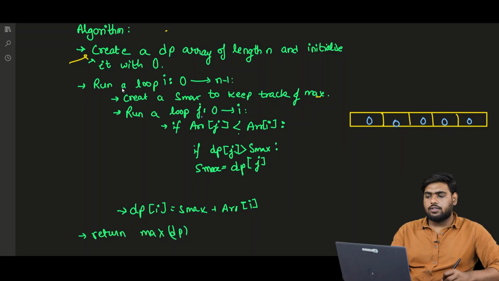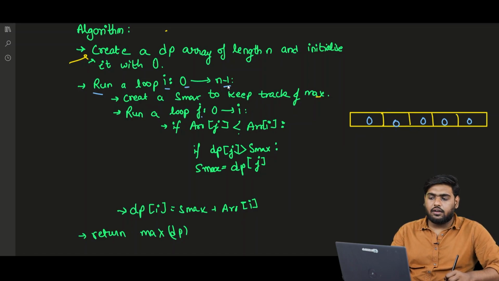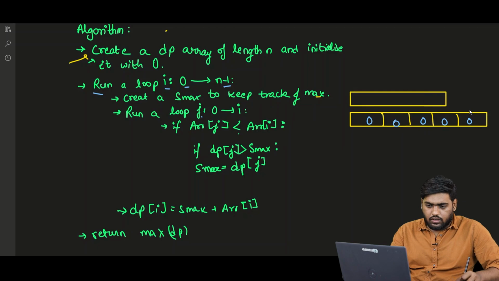Now, as you can see, we are running a loop from 0 to n minus 1, and we are taking i. We are running this loop onto the values of the array that we are given. So let me make that too, just corresponding to it.